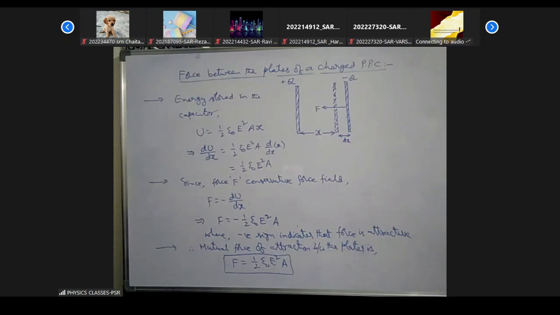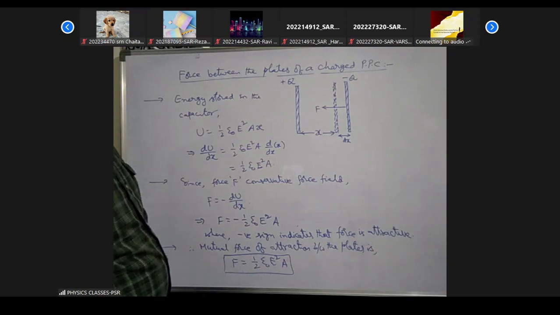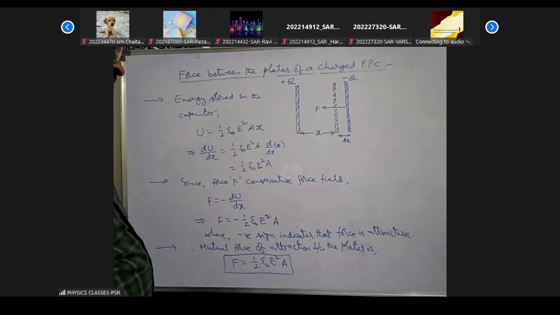If a smaller plate and a bigger plate are given, we use A as the area of the smaller plate, not the bigger plate. That's why it is known as the common area between the plates.